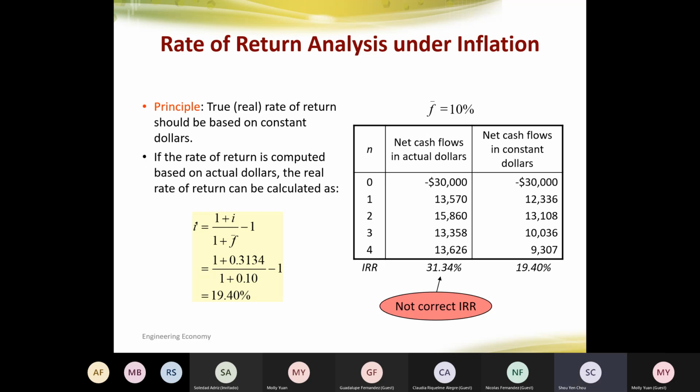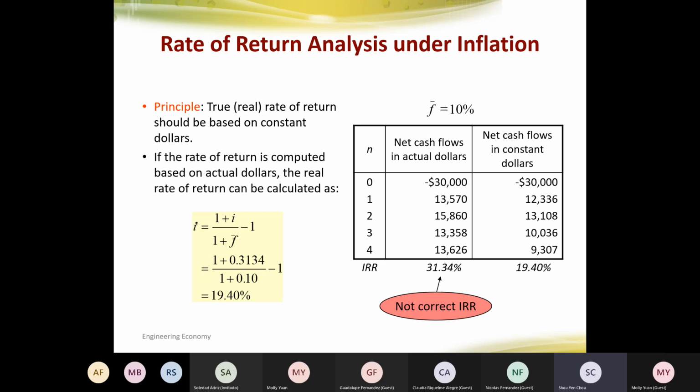Okay, so this should be the last point that I want to address, and which we have already discussed previously, because the 31.34 is the so-called market interest rate. Oh, you can see that. But if you understand that recently the inflation rate is very high, right?